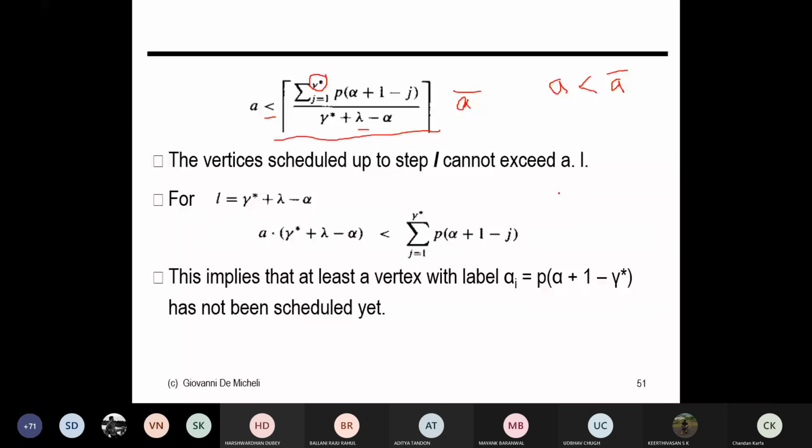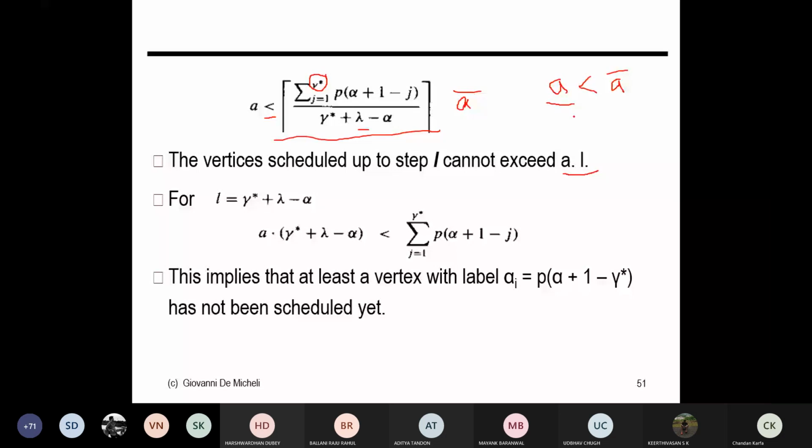Now assume one thing. Suppose you are in the Lth step. Your schedule starts from time step 1, 2, 3, and you are at step L. Till step L, at most how many operations will be scheduled? A into L, right? Since a is the number of resources available, at every time step you can execute at most a operations.